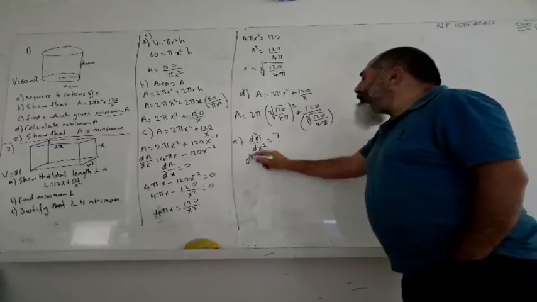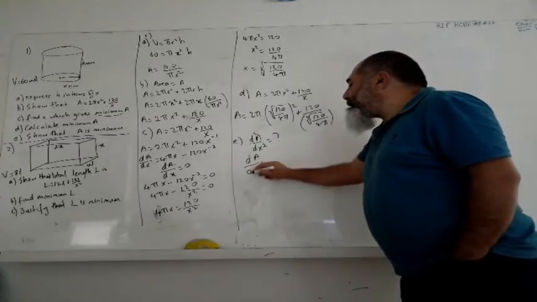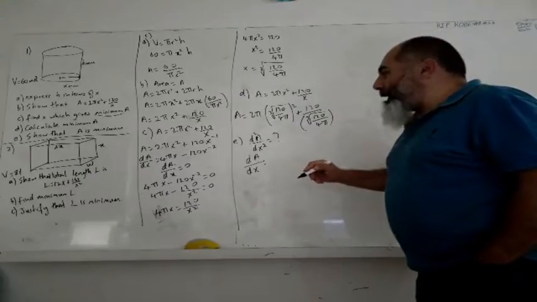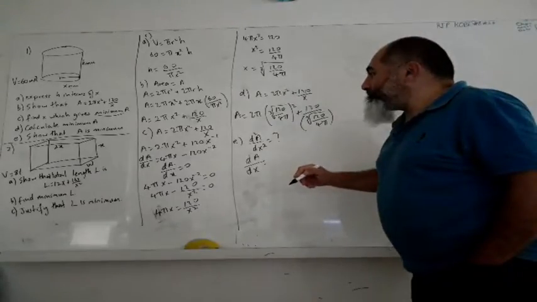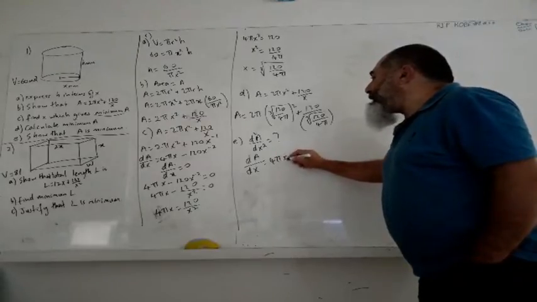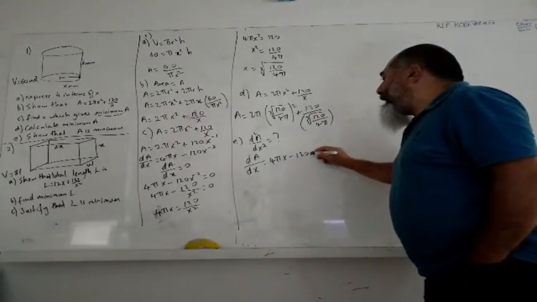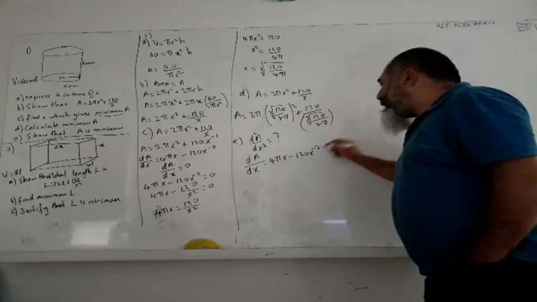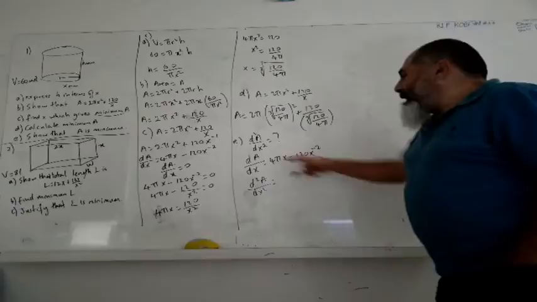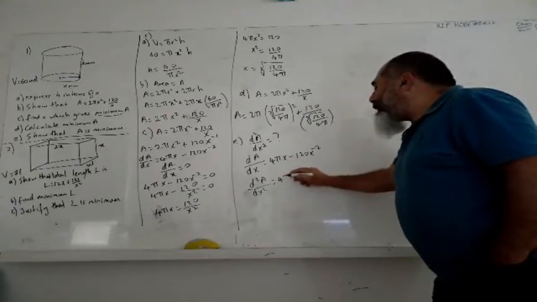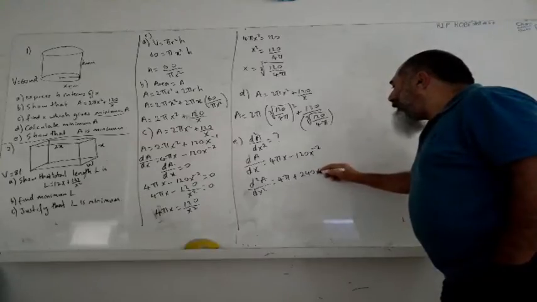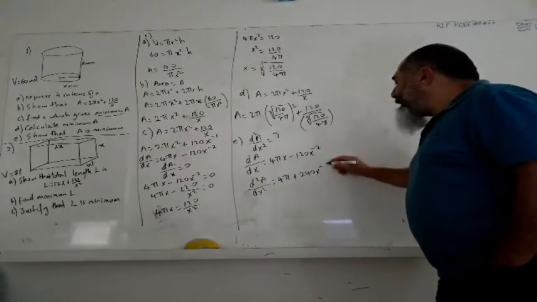It was 4 pi x minus 120 x to the power of minus 2. So the second derivative means the derivative of the derivative. The derivative of 4 pi x is 4 pi. Here plus 240 x to the power of minus 3. Multiply with the power, subtract 1 from the power.